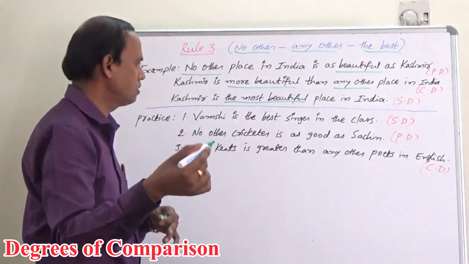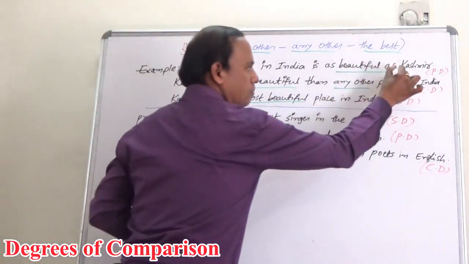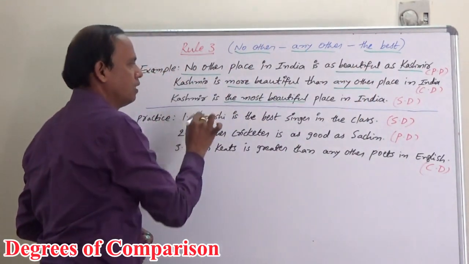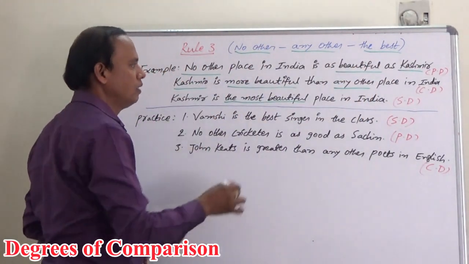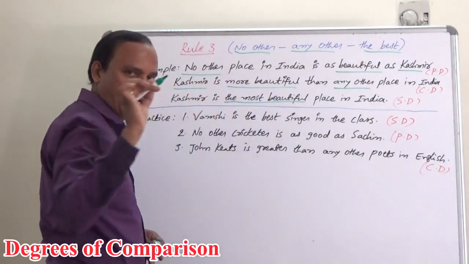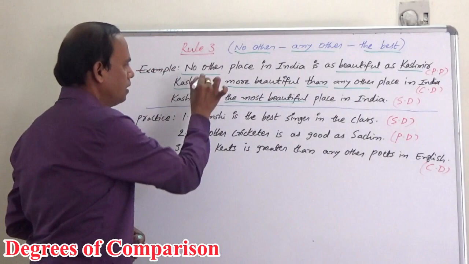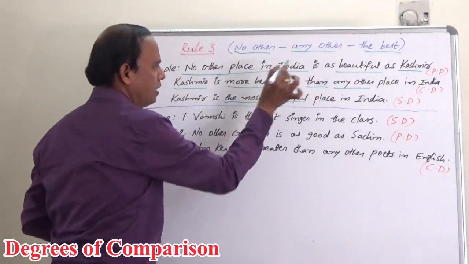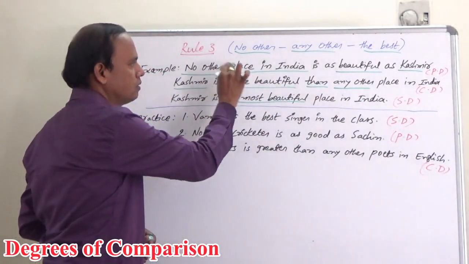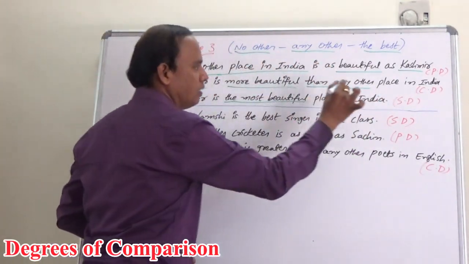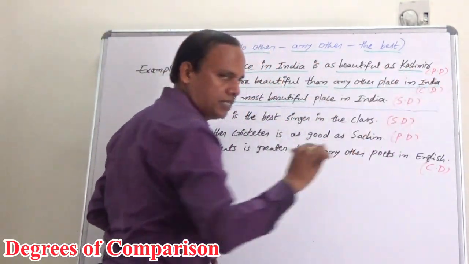See, Kashmir, the object, becomes subject here. Kashmir is more beautiful. Whenever a comparative word is there, "than" follows, you know it. Then "no other place in India" becomes "any other place in India".